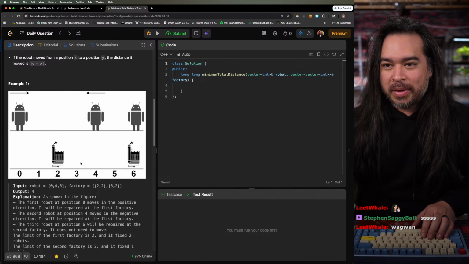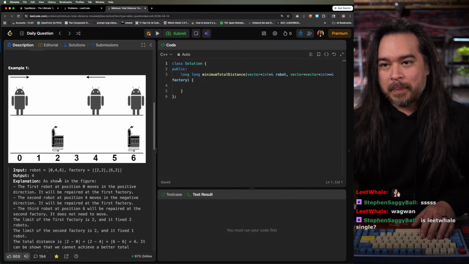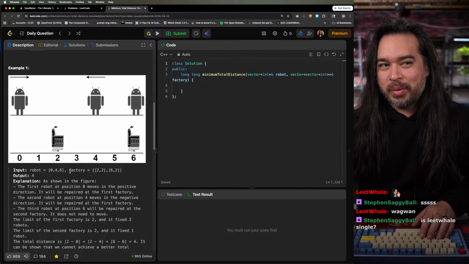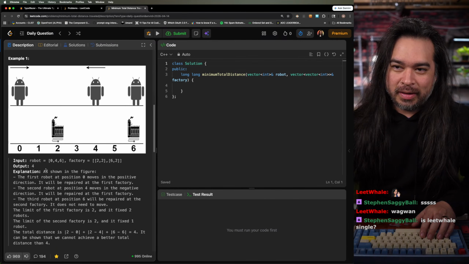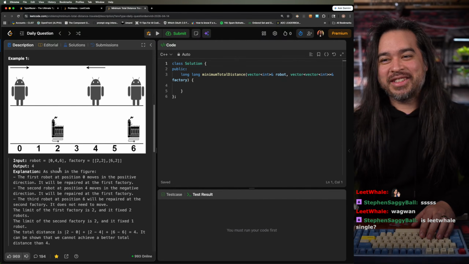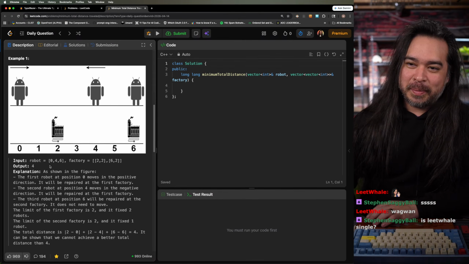So example 1, they give us these factories, and then they say this robot is Leet Whale single. Who knows? You gotta ask him. Is Leet Whale single? Let's find out.